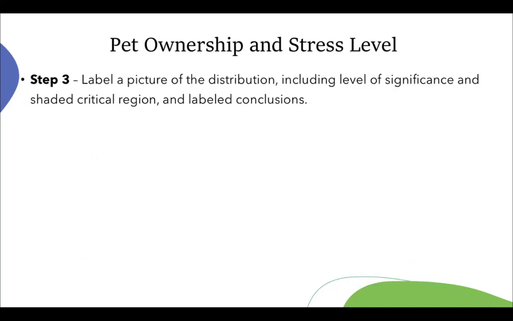Okay, so our picture for the chi-square distribution, we're going to create a picture of a distribution that looks slightly skewed right. We're going to do the same kind of labeling that we did for the z-test and t-test. We're going to indicate the level of significance. We're going to shade in the critical region. We're going to label the conclusions across the top.